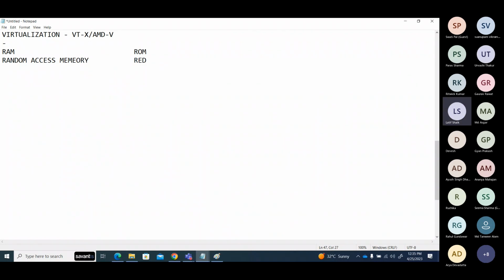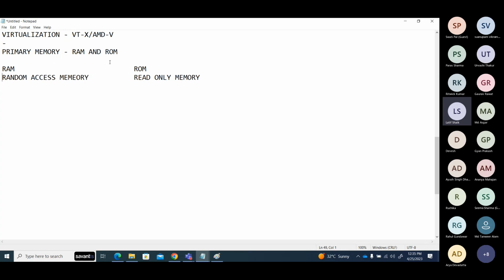Read-only memory means the data in the ROM we can read, but we cannot put anything inside. RAM and ROM are both primary memories. The secondary memories are hard disk, CD-ROM, floppy disk, pen drives, all these things.